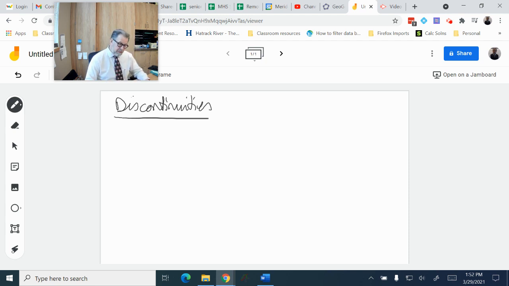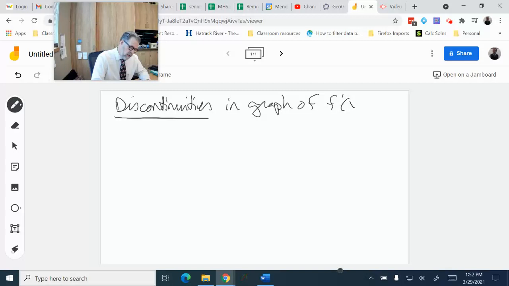All right, so let's talk about what happens when we see discontinuities in the graph of the derivative. So here I've got a graph of a derivative, and it does its thing, and then all of a sudden it jumps down to here.